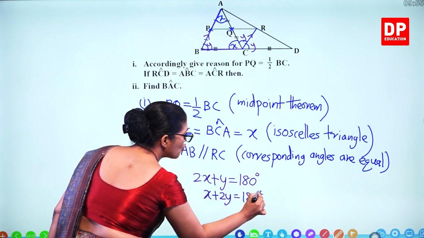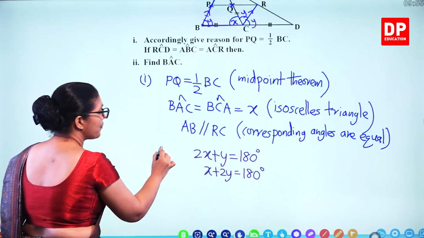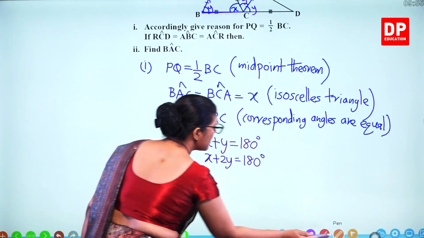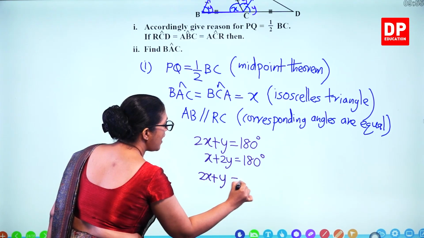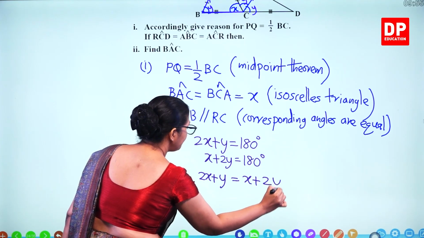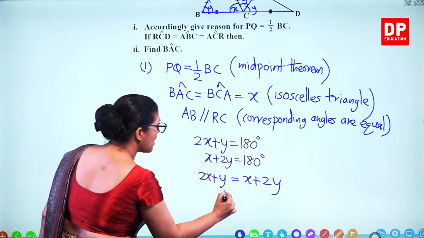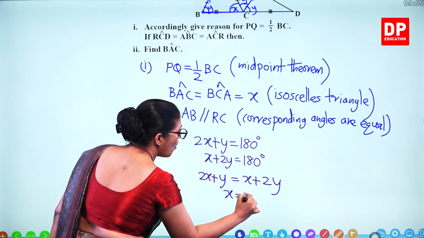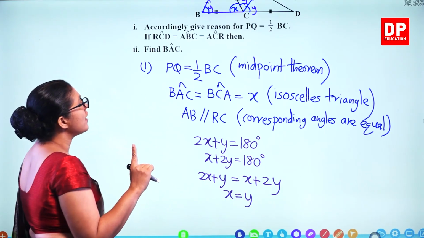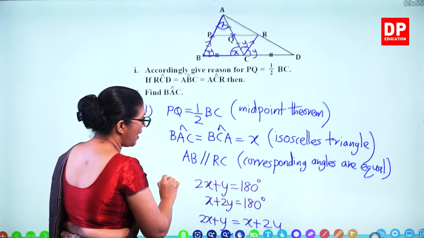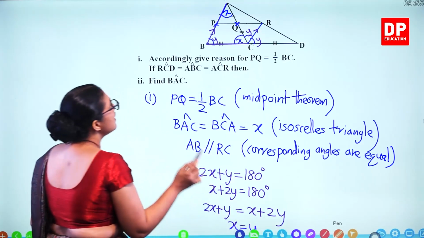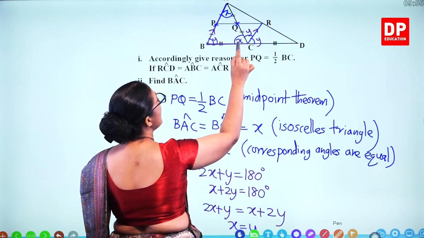So from these two, what can I say? Right hand side is equal. So 2x plus y equals x plus 2y. So when you take it to this side, x becomes y. So both angles are equal.